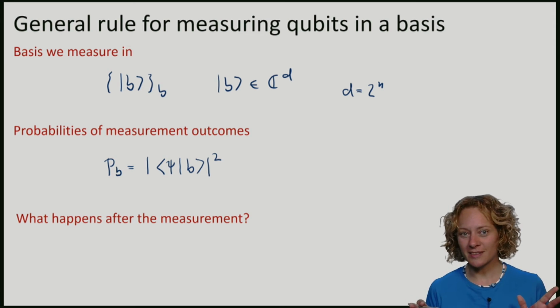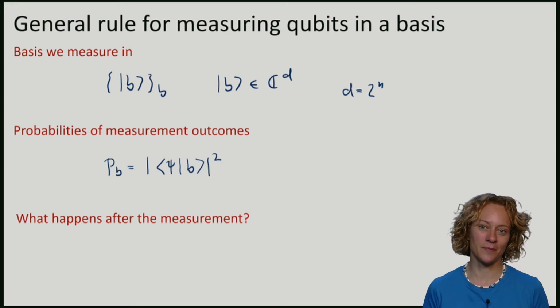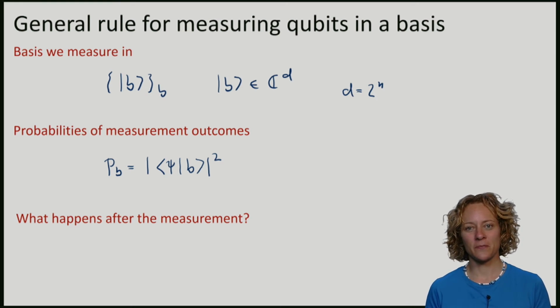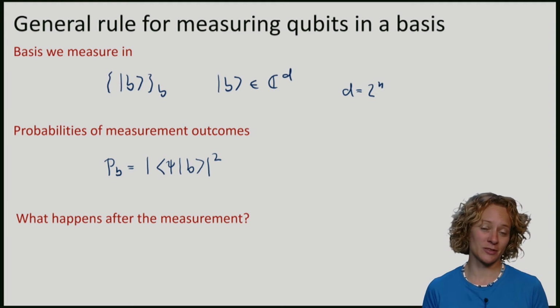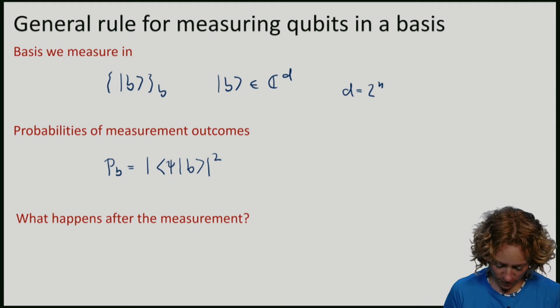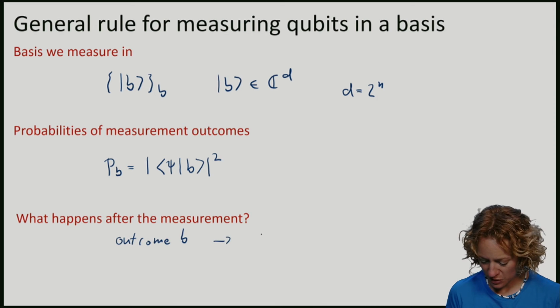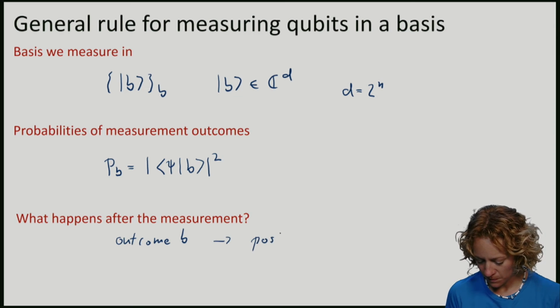And again, you might ask, what happens after the measurement? If outcome B occurs, then the state collapses to B. We will also call the state after the measurement the post-measurement state.